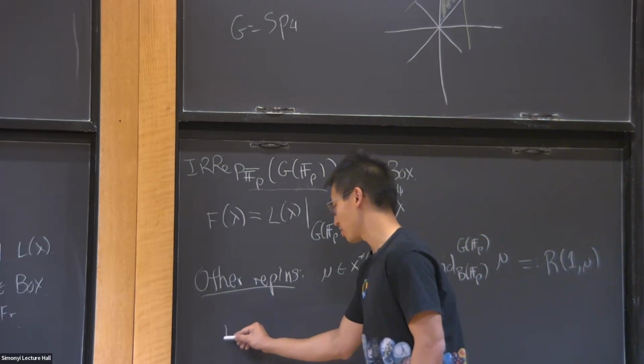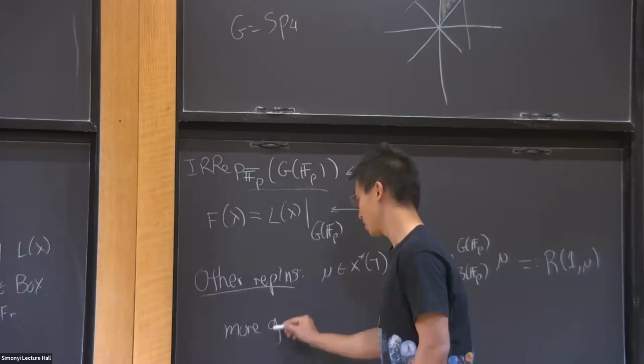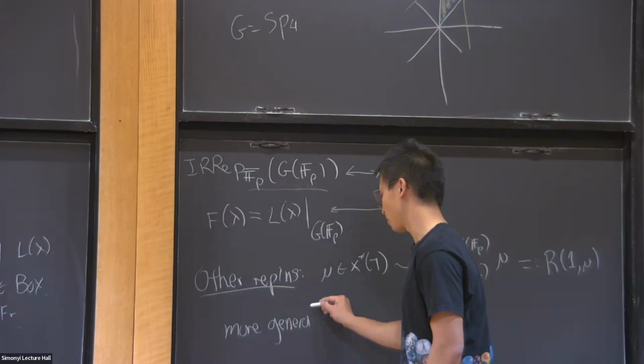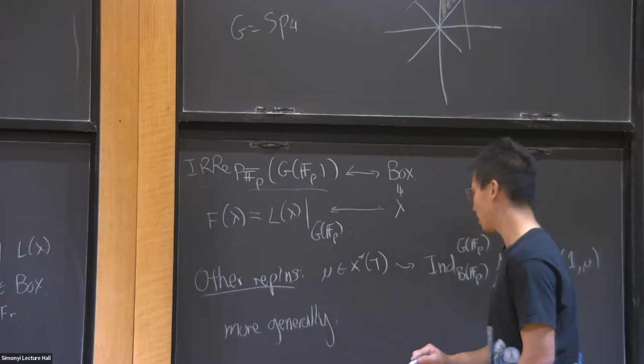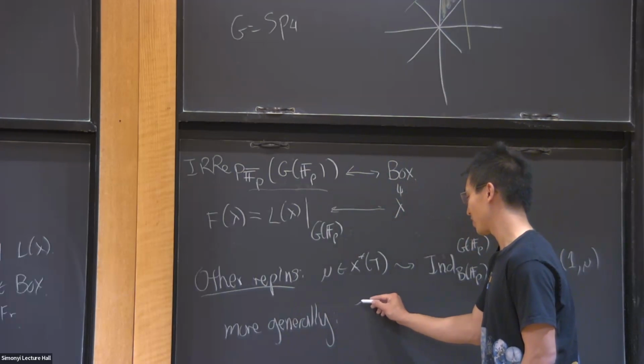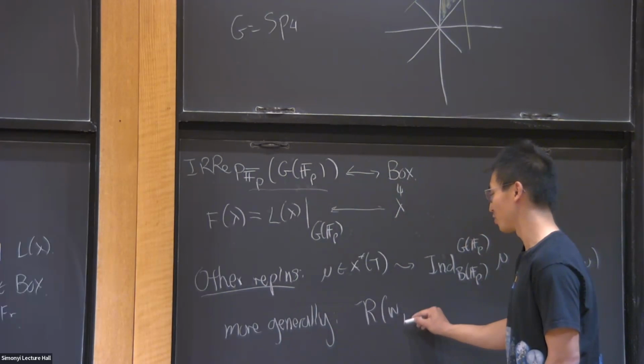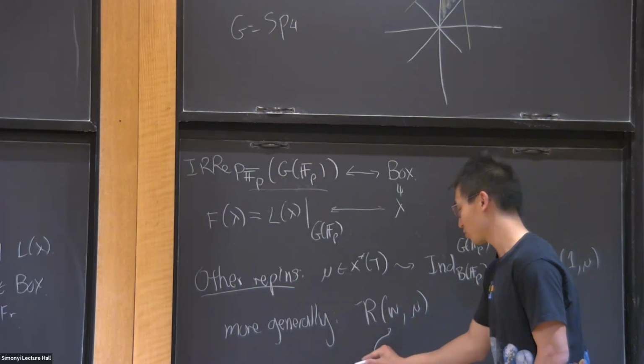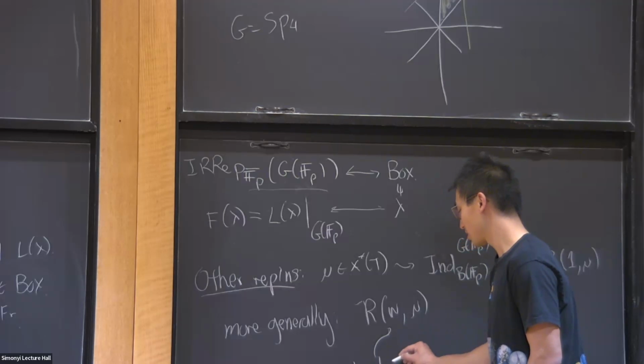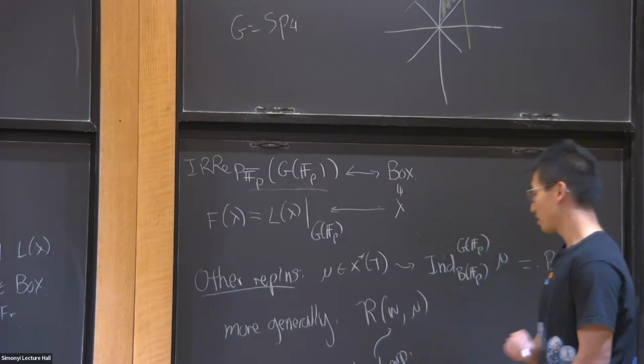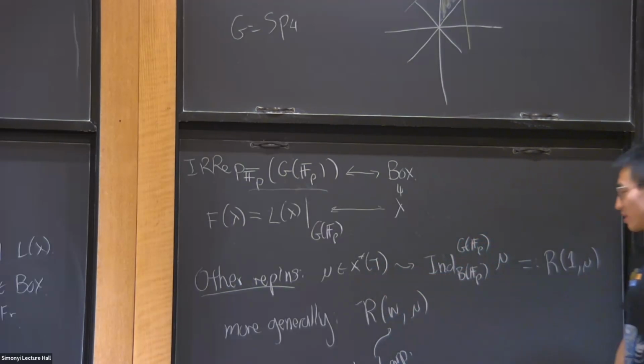Even more generally than this, you could consider a construction from Deligne-Lusztig theory. So more generally, there's R_w mu, where w is an element of the Weyl group, and mu is again a character like this.